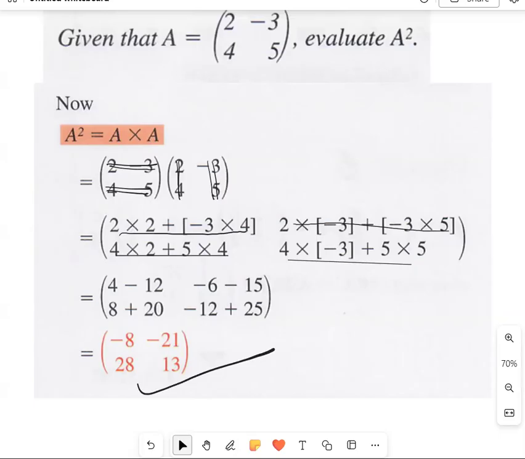Think you're following that? Yes, sir. You have to know basic matrix operations.